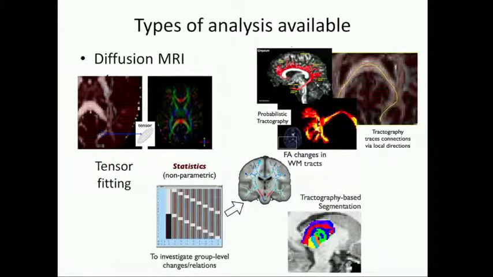And for diffusion MRI, we can do things like tensor fittings so that we can get an idea of the underlying white matter structure, measures of things like fractional anisotropy that tell you things about the integrity of the white matter, and things like tractography, which will allow you to do things like segment different grey matter regions out and so on. I'm skimming over this really, really quickly, so anything you want to know more about, please ask questions at the end.